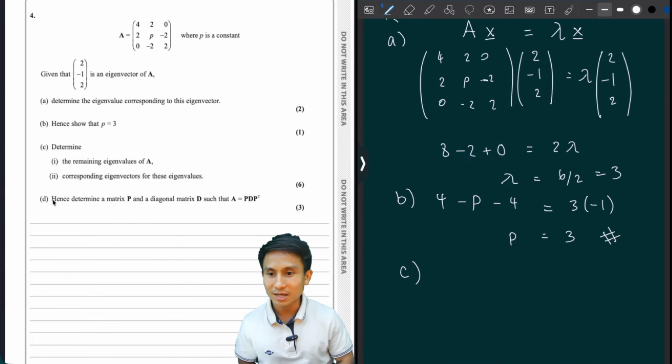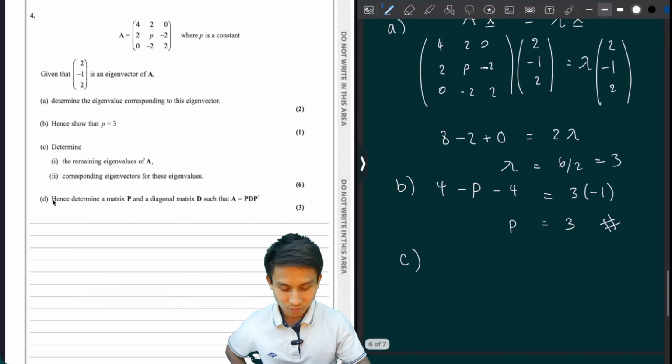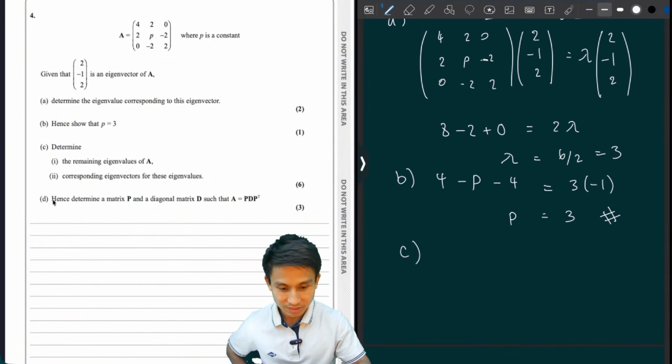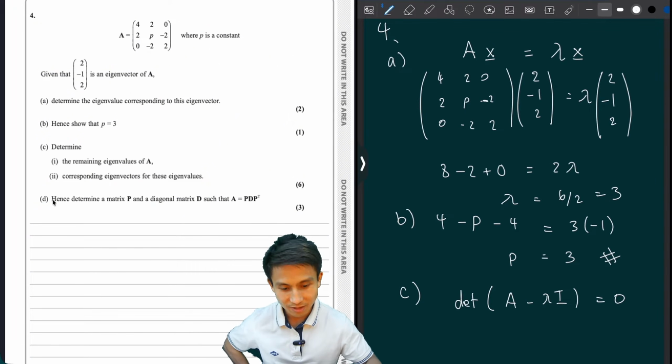Part C. Determine the remaining eigenvalues of A. Well, okay, so we're going to have to solve the determinant, right? So the determinant of A minus lambda I should be 0. That's how you solve for eigenvalues.